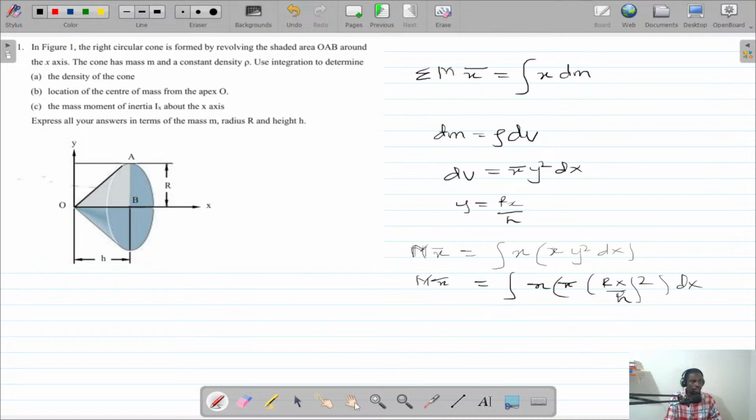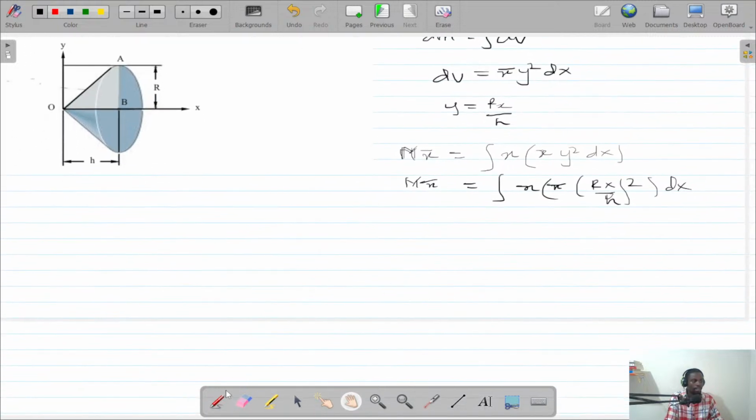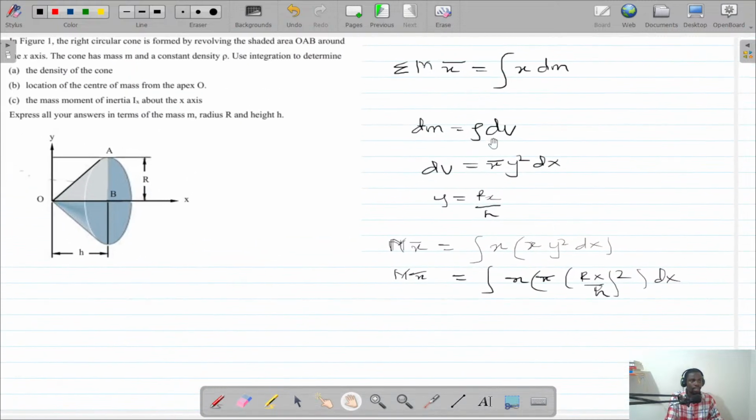Okay, so having done this, dm is equal to dv times rho, so rho should be here as well.